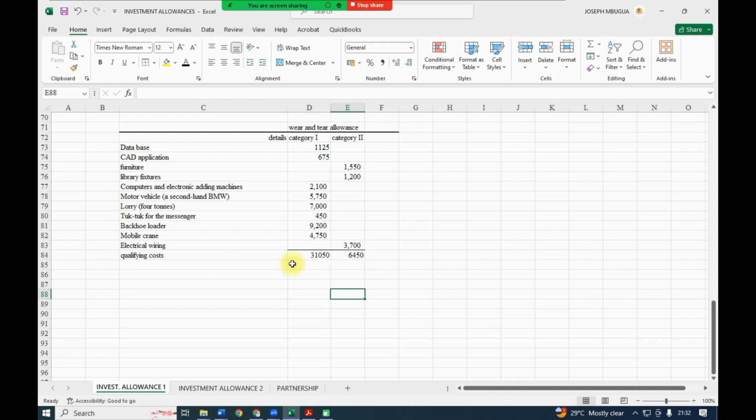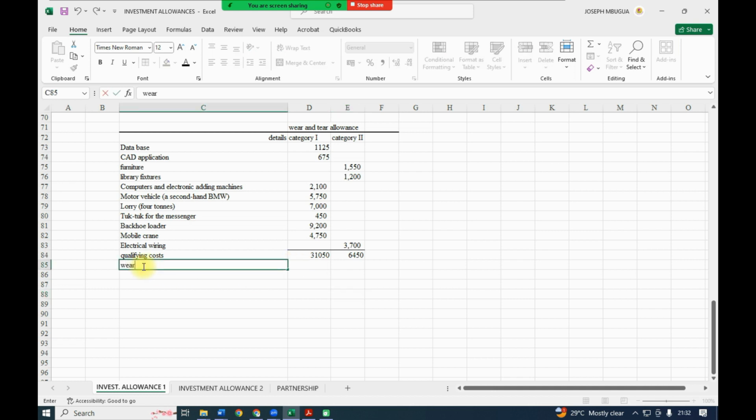So with the qualifying cost, you then calculate the wear and tear allowance at 25. Remember category 1 here is at 25%, and category 2 here is at 10%.